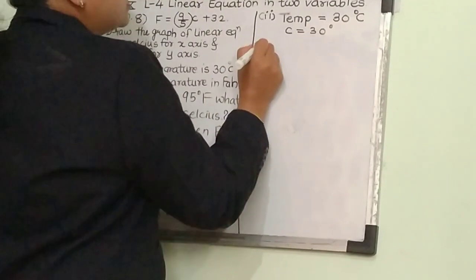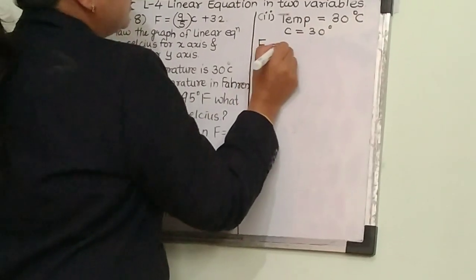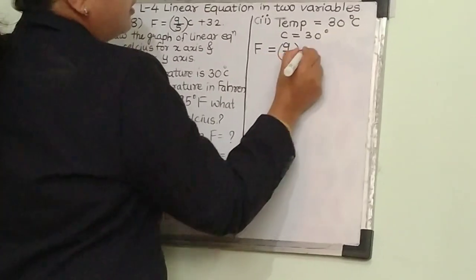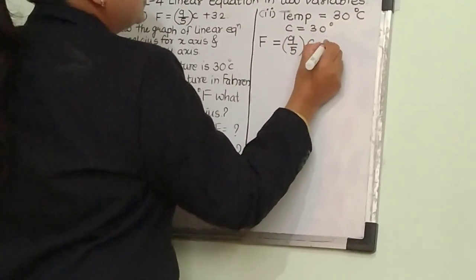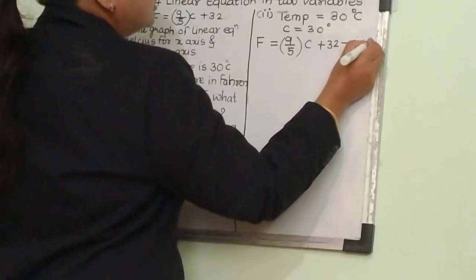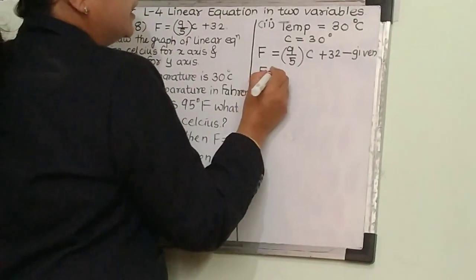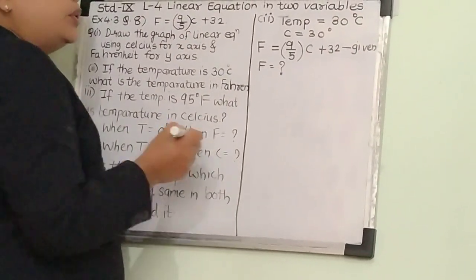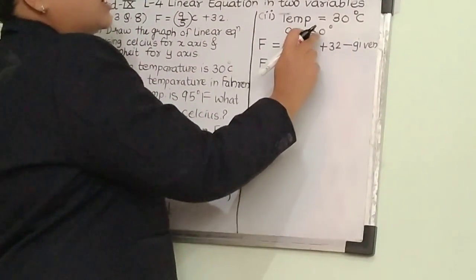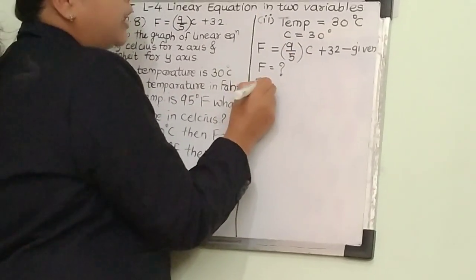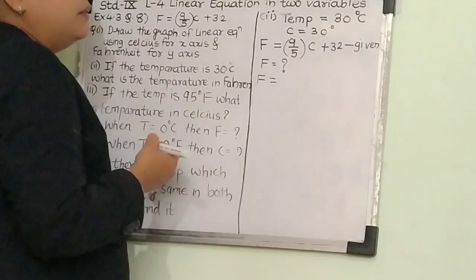Then our given equation is F equals 9 upon 5 into C plus 32. We have to find the temperature in Fahrenheit. So put the value of C as 30 in this equation, and we will get F, the temperature in Fahrenheit.